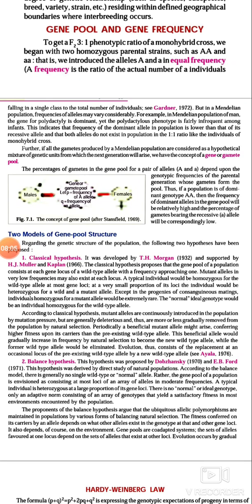It also depends, of course, on the environment. Gene pools are co-adapted systems. The set of alleles favored at one locus depends on the sets of alleles that exist at the other loci.